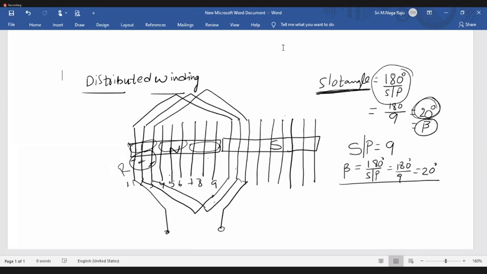Hence, the resultant EMF is a vector sum.